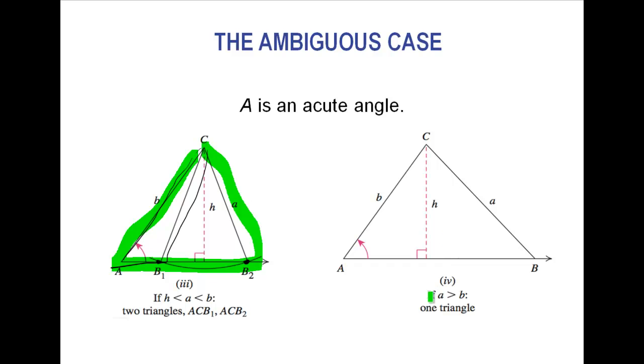Another case, if A is bigger than B, right? It's already bigger than H, but now we're just going to make it bigger than B. Then now it's so long, once you make it one length, it's only going to touch in one place. Because if you take this and start swinging it in that direction, you see how it's going to lift up off and it's not going to touch. It's just going to keep getting taller. And then if you swing it in this direction, it's going to come down here and then it's going to come around.